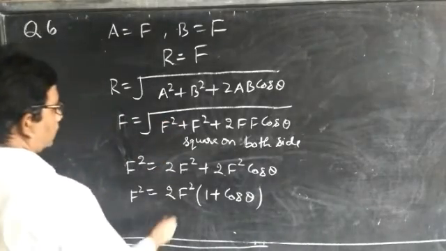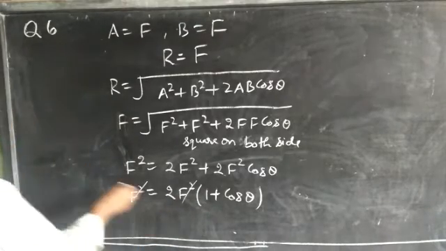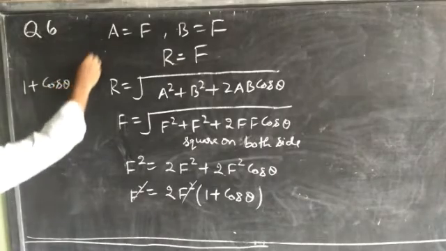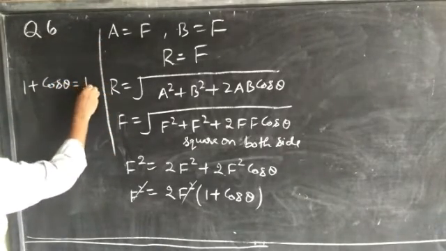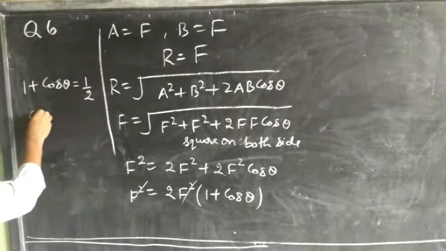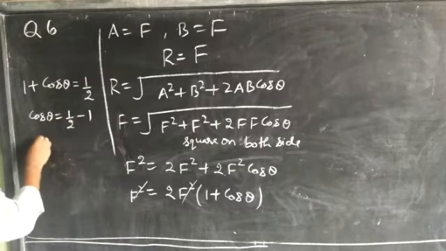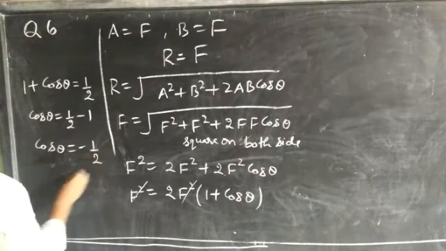Now we will cancel F square. Then 1 plus cos theta is equal to 1 upon 2, so cos theta is equal to 1 upon 2 minus 1, cos theta is equal to minus 1 upon 2.